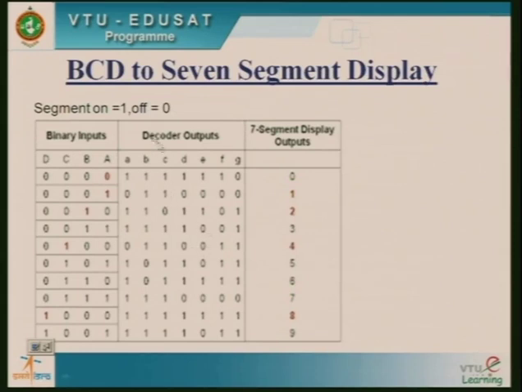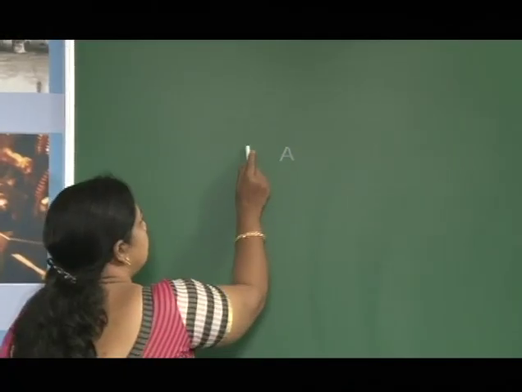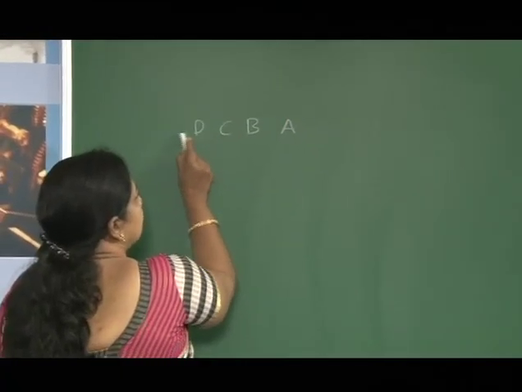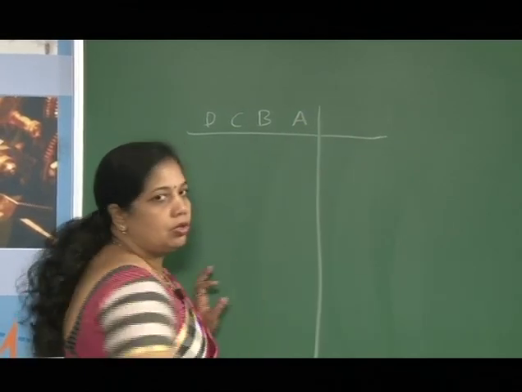Now let us take an example of how BCD to 7-segment display can be realized using a truth table. Let us discuss with a truth table explanation. As I said, we have 4 inputs.